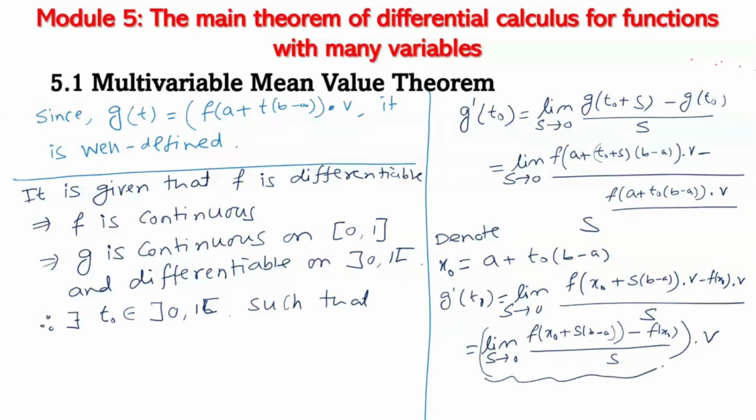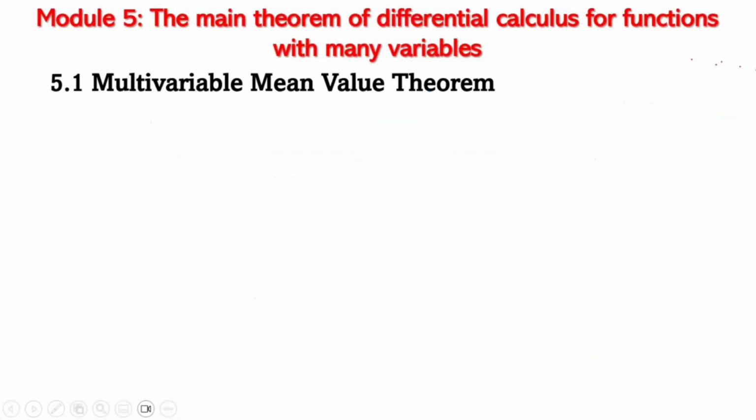So this is nothing but the directional derivative of the function f along the vector b minus a at x naught, and then this is dotted with the vector v.